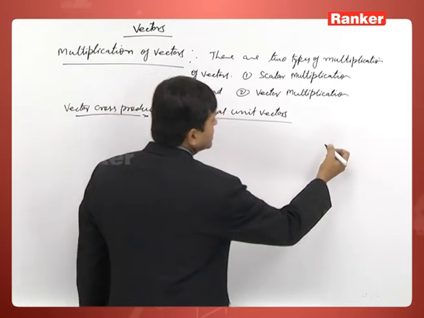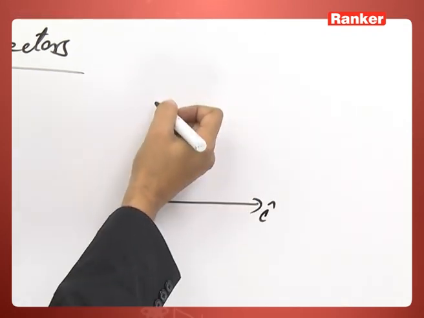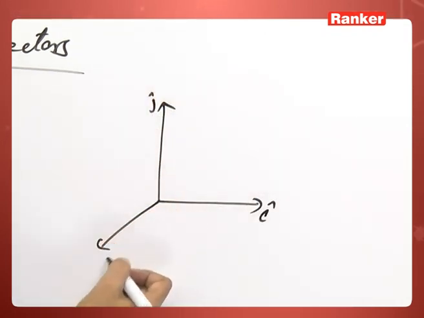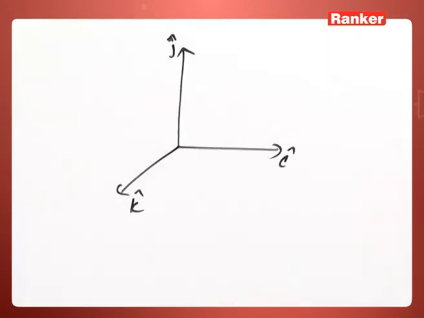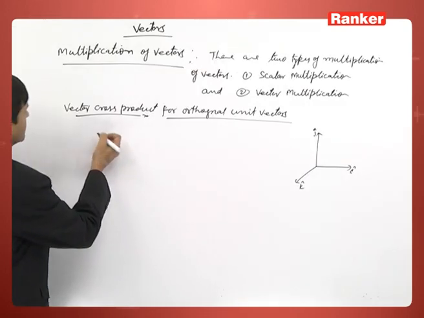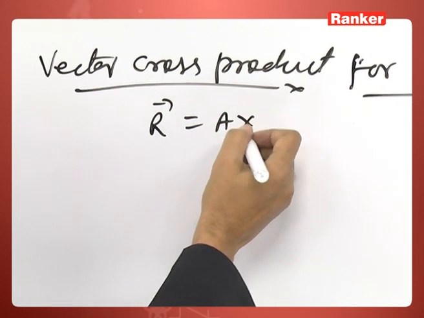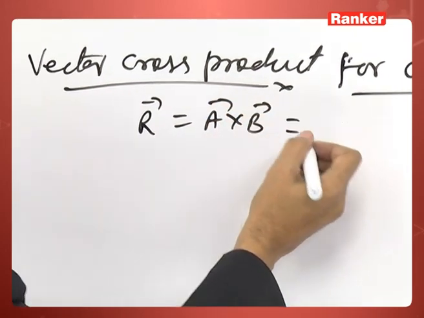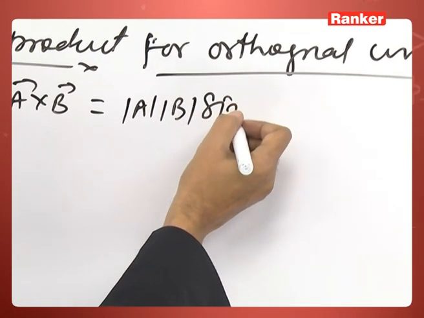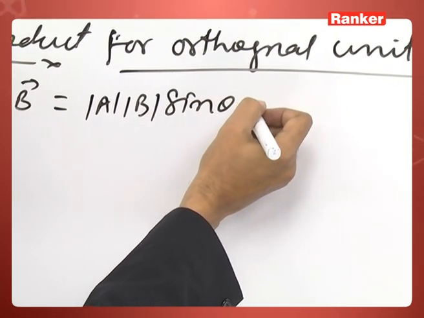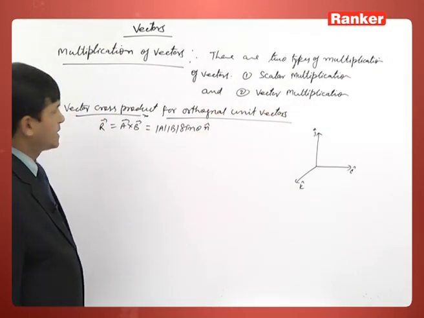These are three orthogonal unit vectors, and all three are mutually perpendicular. As per the cross product rule, r is a cross b, which is equal to mod a mod b sin theta n cap. n cap gives the direction.